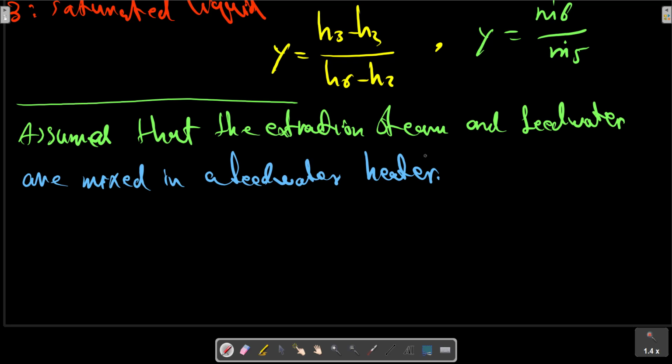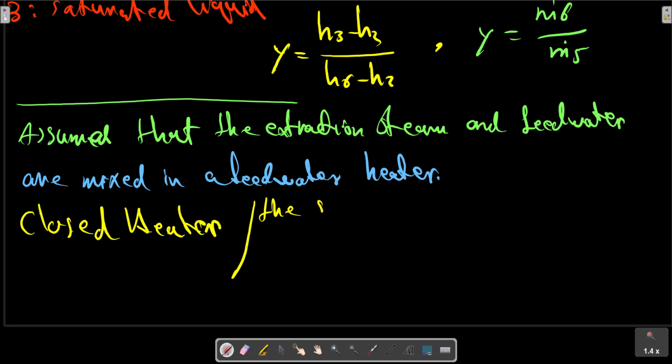Another frequently used type of feed water heater, known as a closed heater, is one in which the steam and feed water do not mix.